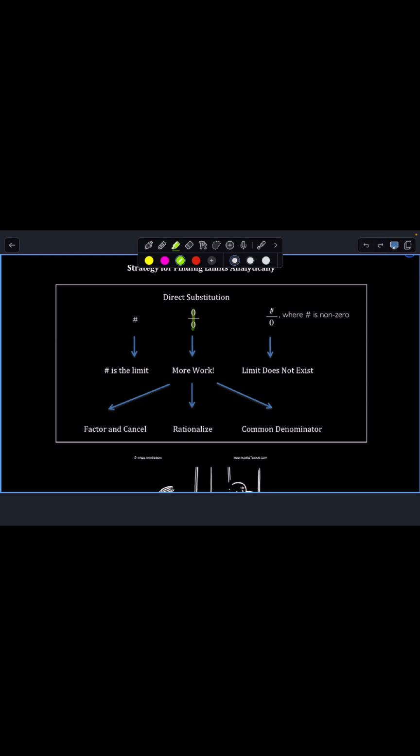If we get 0 divided by 0, then more work needs to be done. And either we're going to factor and cancel, rationalize, or find a common denominator. If a number ends up dividing by 0, again, kind of an ideal type of limit, the limit does not exist and we're done. Okay, so we're going to go over a couple of those examples and we'll be done for the day, guys. Sound good?